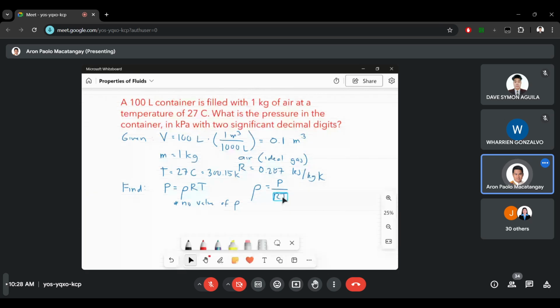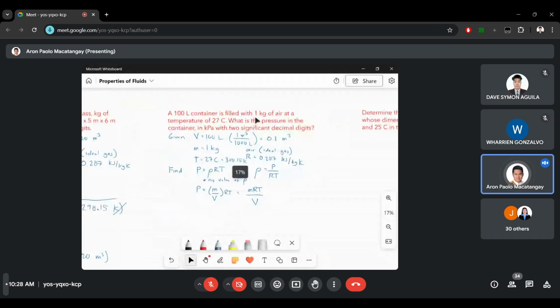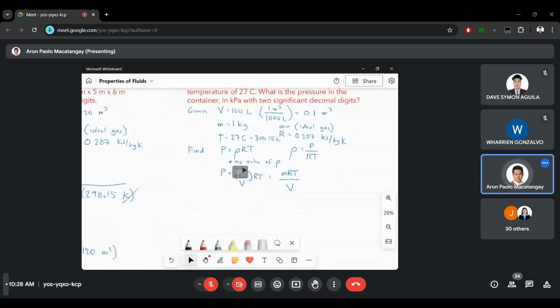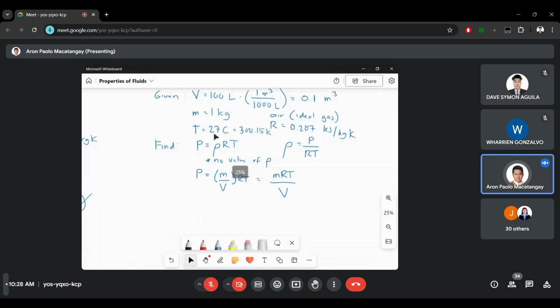Which means we need to break our rho RT, which is equal to M RT over volume. So we can now use this MRT over volume to solve for our pressure. For this case, since we do not have the value of density yet, we break down our density into mass over volume because we have those two individual values.